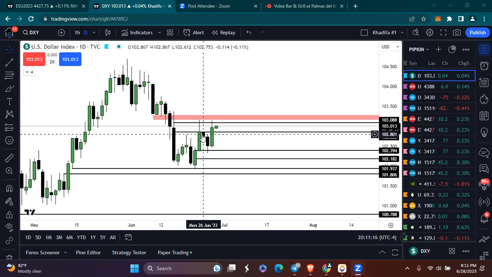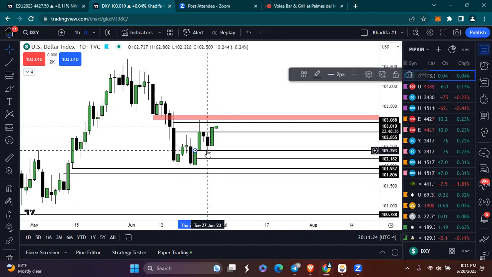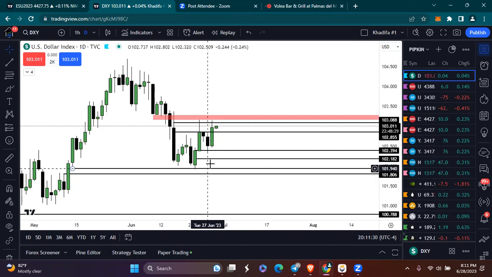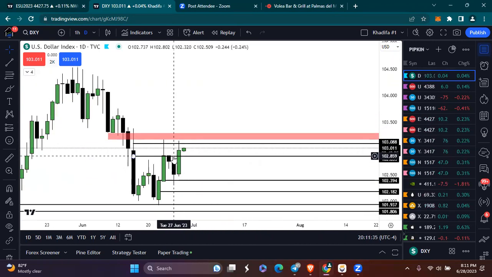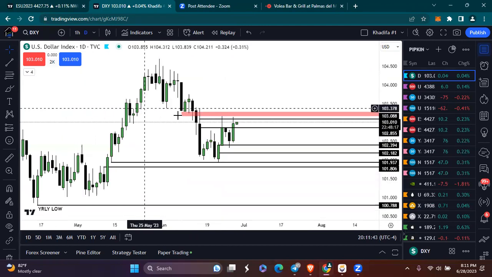What I dropped in the group Sunday and Monday, we were down in here and we wanted to see us come on down and retest that level. We got that retest, and today price was bullish back up into this weekly PD array.